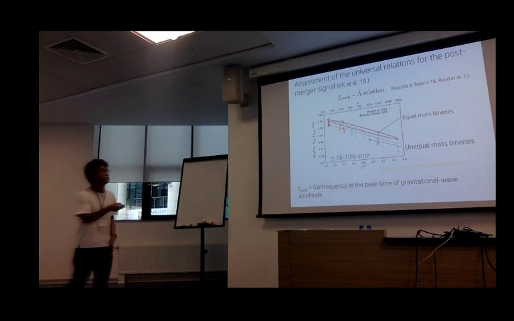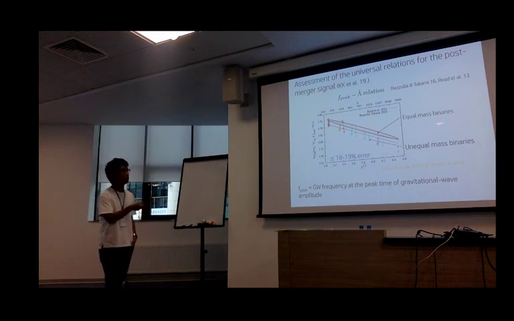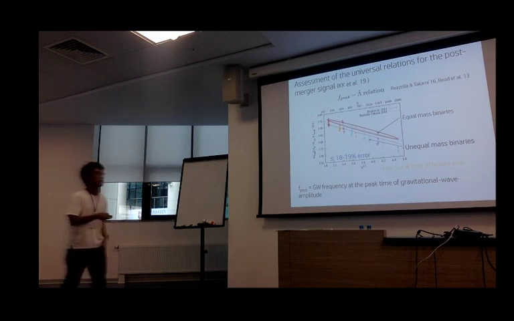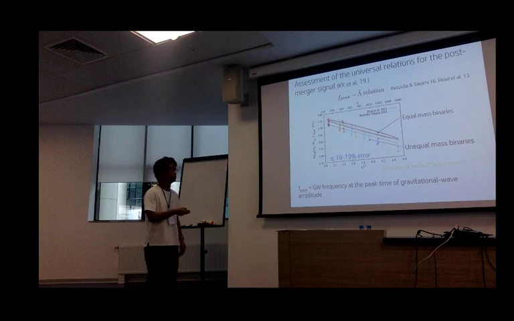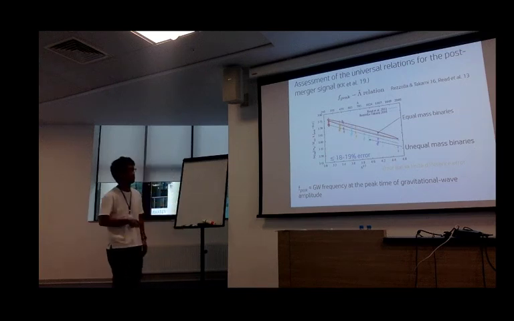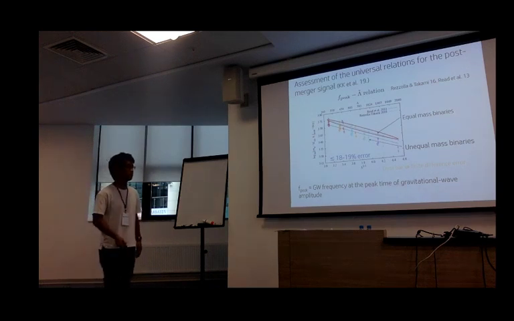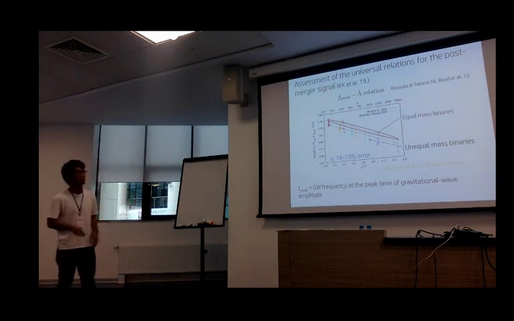We found that this relation holds only for equal mass binaries, and not for unequal mass systems. For the unequal mass binary case, you have a large systematic error or large scatter. By the way, we place the error bar on each point by doing an in-depth resolution study for a good resolution, and this is the meaning of the error bar.